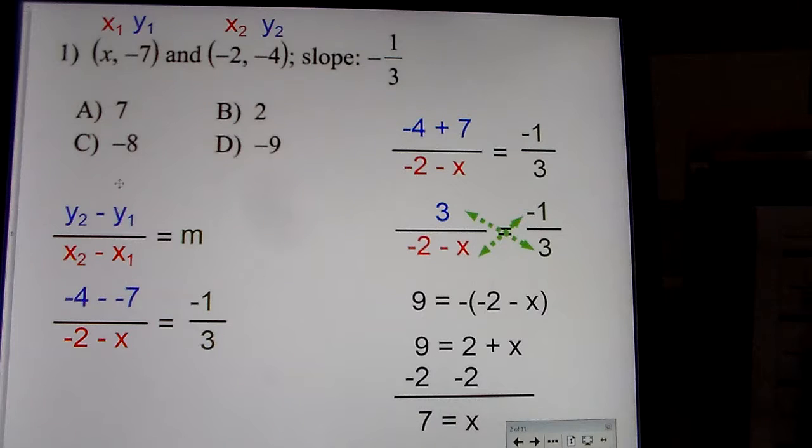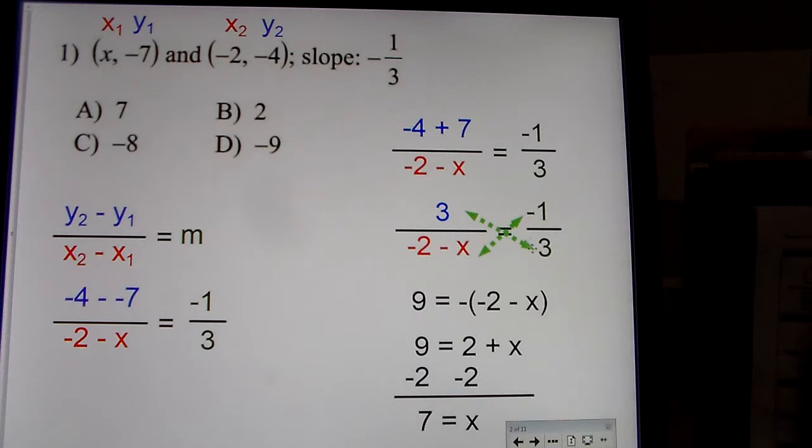Minus our x1. Well, our x1 is just x, so we leave that as an x. And equals -1/3. So I move that negative from the front to the top, just to make life nice and easy. Next thing we do, we combine our like terms. -4 minus a -7 is really just plus 7. So we have then -2 minus x on the bottom, and everything else stays the same.